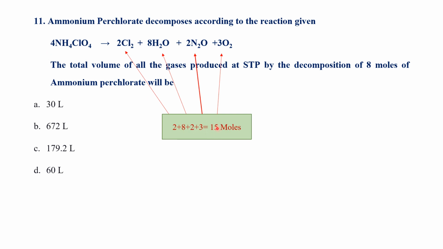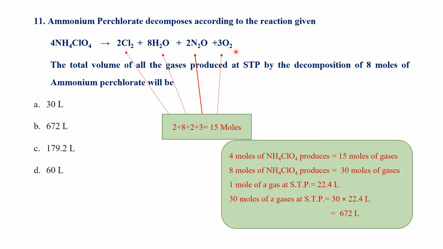So 2 moles of chlorine, 8 moles, 2 moles and 3 moles of oxygen. If we sum it up, we will get 15 moles. This means that 4 moles of ammonium perchlorate when decomposed will produce 15 moles of gases.